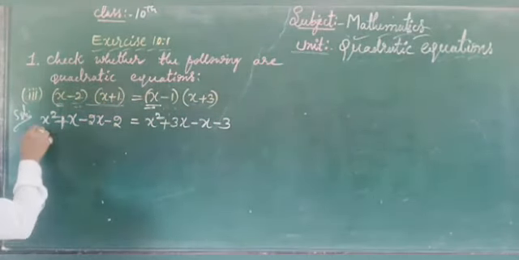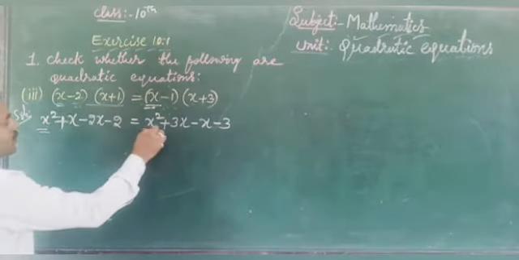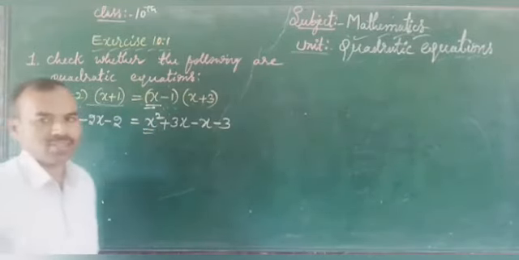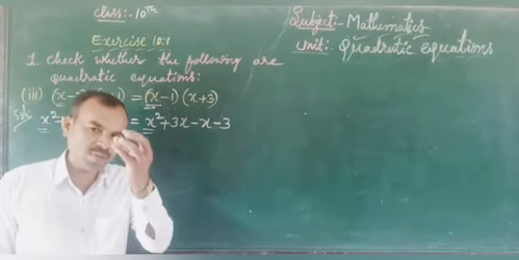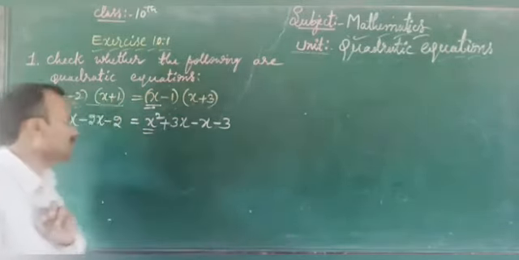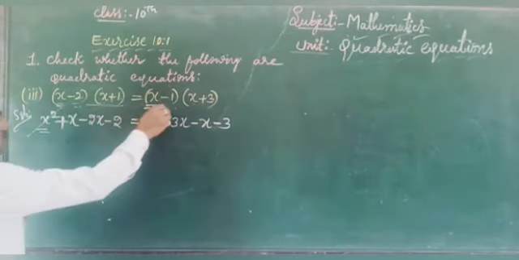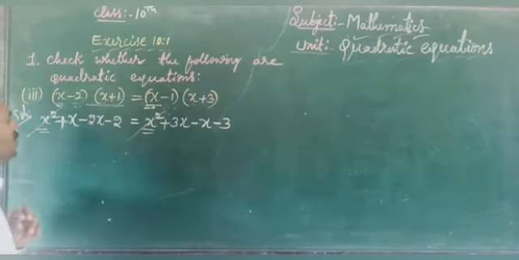Here in both LHS and RHS the same terms get cancelled. x square and x square get cancelled.